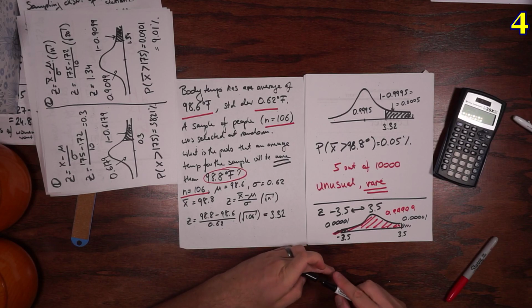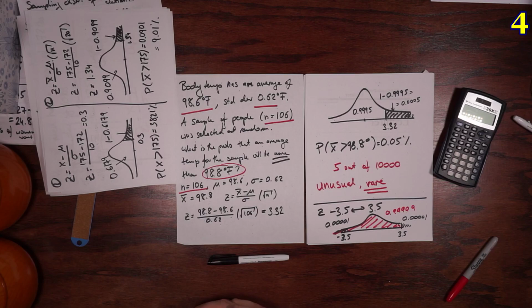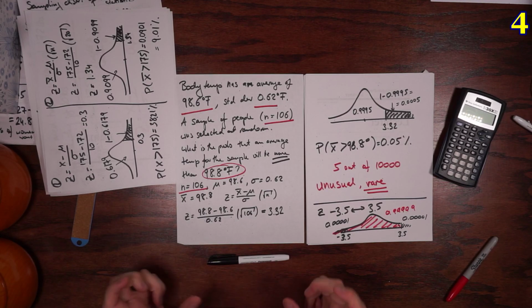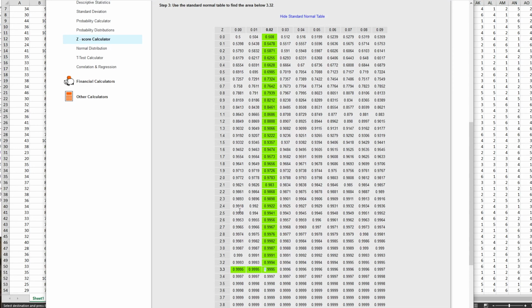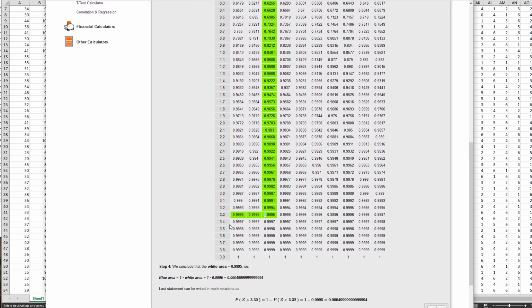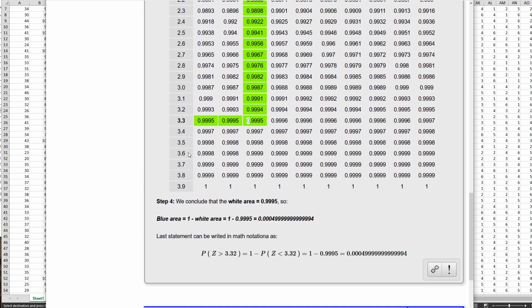So above 3.5 and below negative 3.5 z-scores, those areas are extremely small. Even if we look at our table that we found online, 3.5 already is telling you that this is almost all nines, and then at 3.9 we assume it's almost 100%.